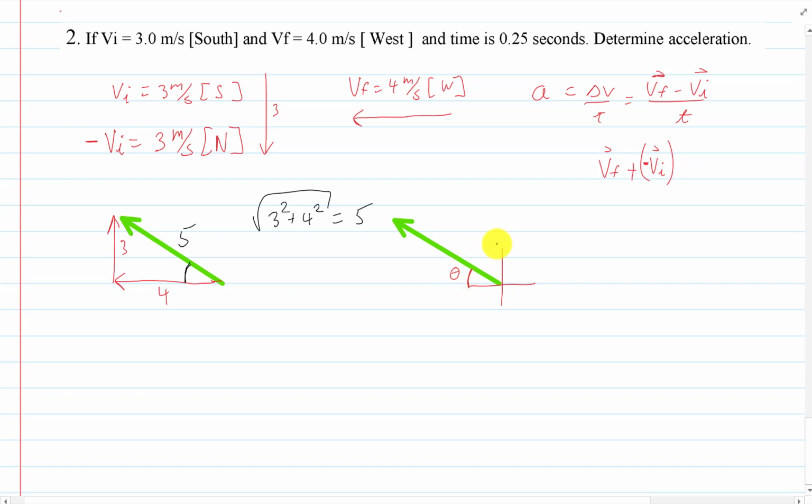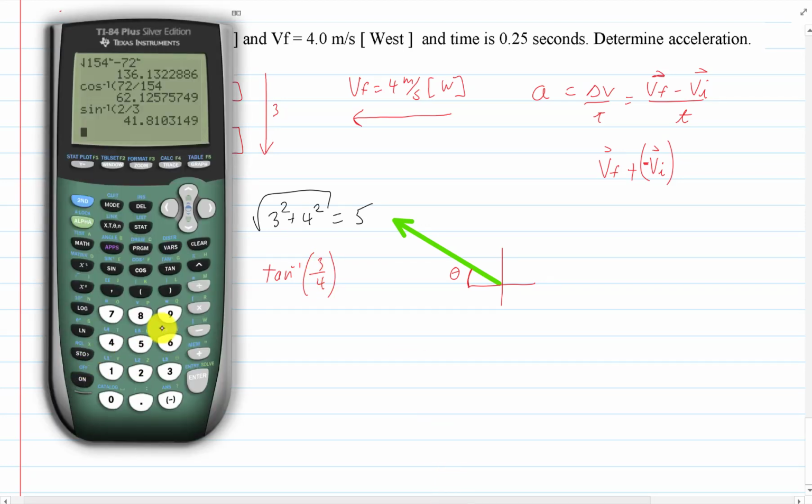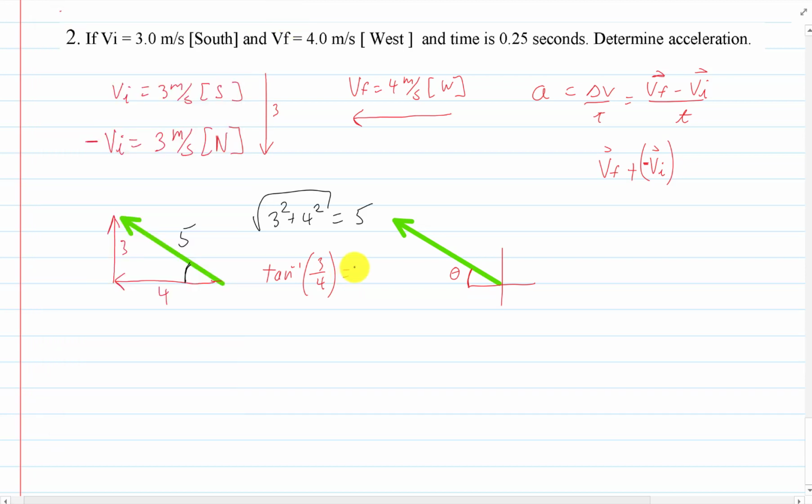And that angle we get by the inverse tan of 3 divided by 4. Inverse tan of 3 divided by 4 is 36.87 degrees. And that will, by the way, be north of west once we have the heading in there.